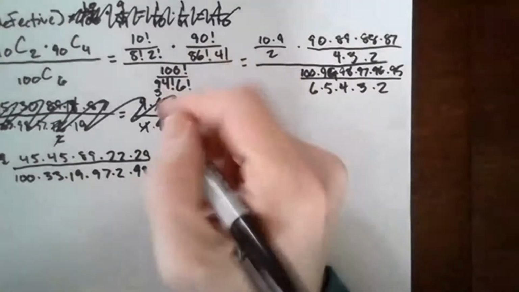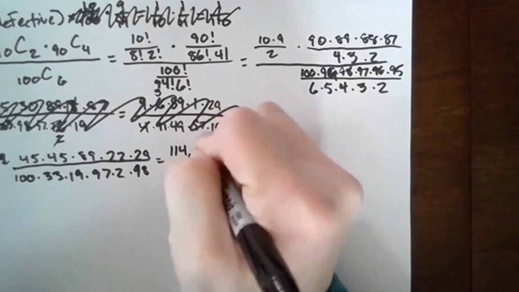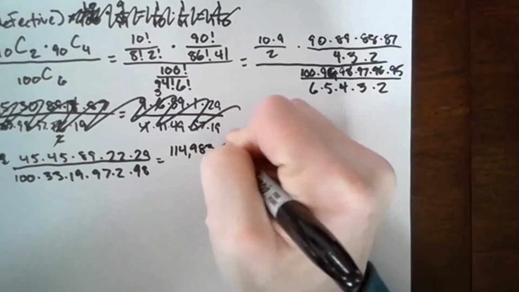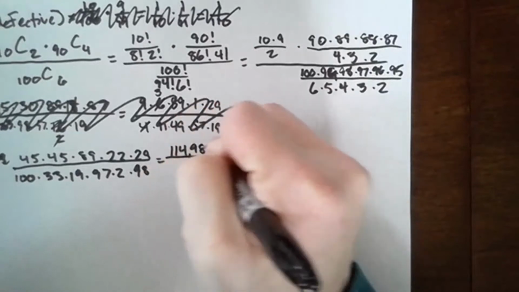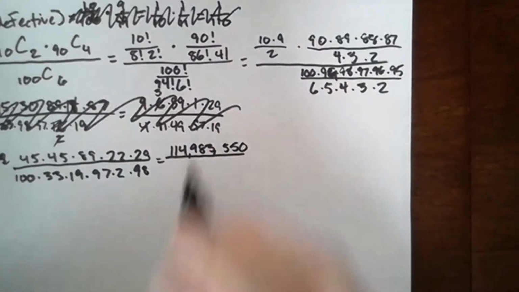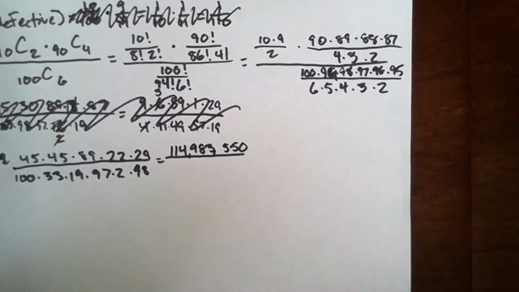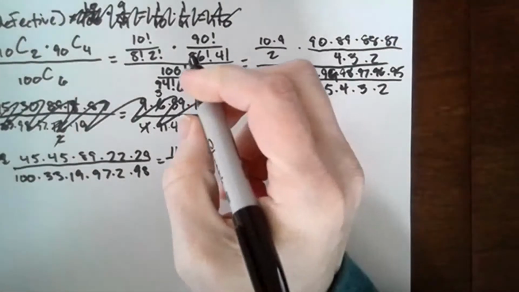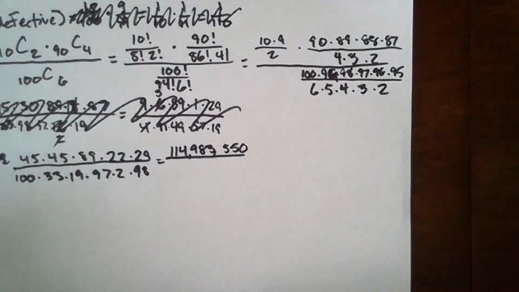which is 114,983,550 over. I'm just going to grab these numbers from what I've got here.